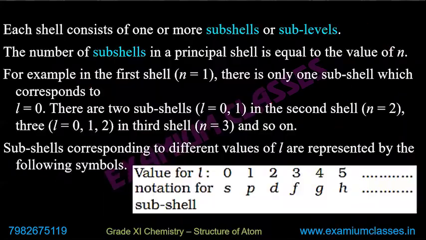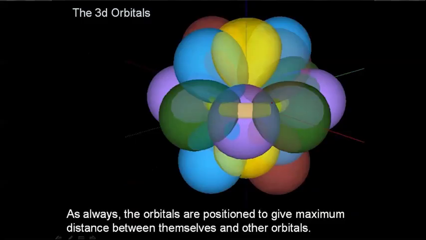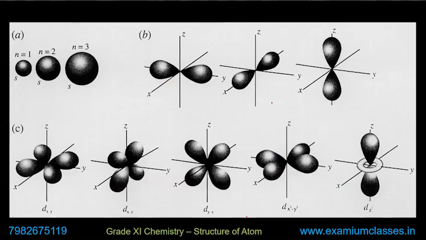One aligned to the x-axis, another aligned to the y-axis, the third one aligned to the z-axis. So one will be called -1, other one 0, other one +1.